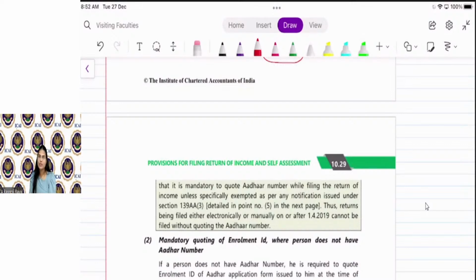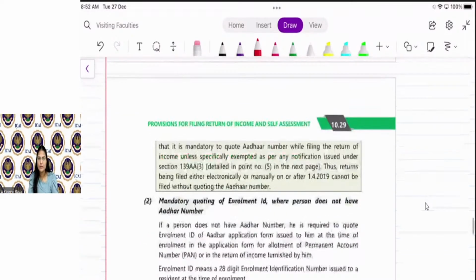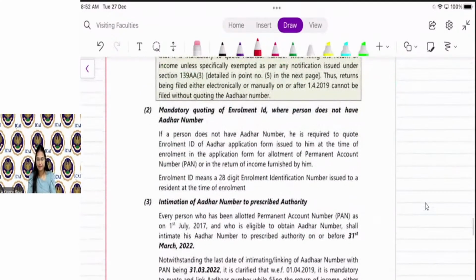So there is no need to sign your return of income and send it to the income tax office. Okay, so Aadhaar PAN linking is mandatory. That we will discuss, linking of Aadhaar PAN, but after 1st April 2019, if you are filing your return of income, you have to provide your Aadhaar number in your return of income.